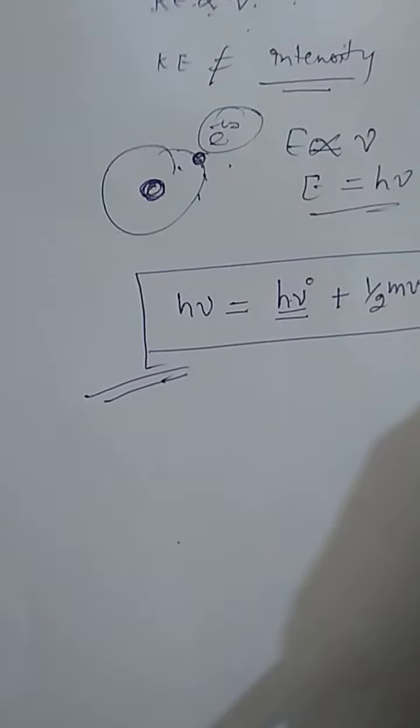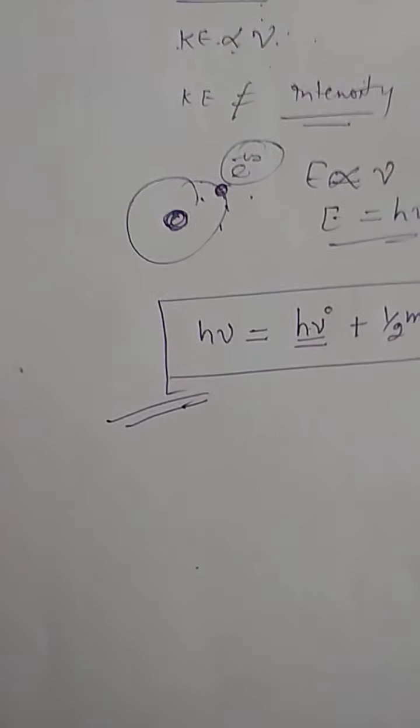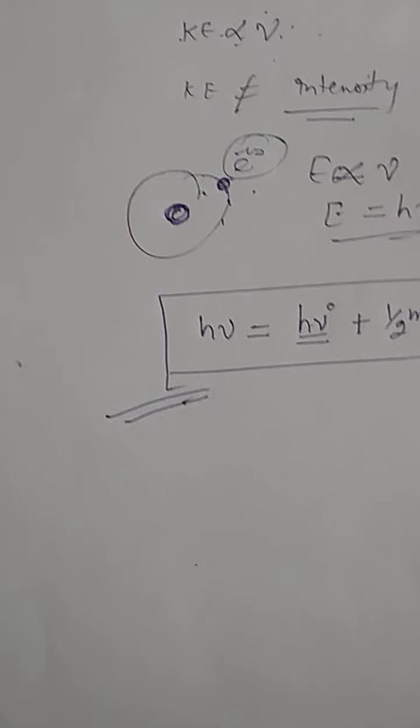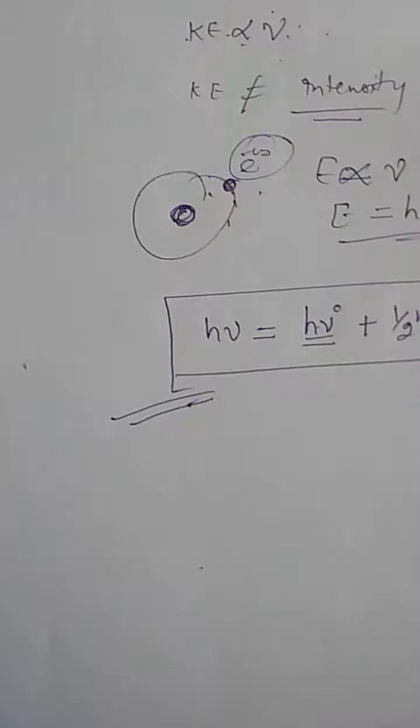So the conclusion of this is, if energy is less than the threshold energy, there will be no ejection of electrons.